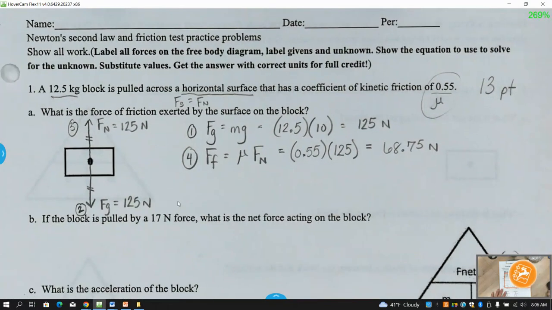All right. Now, if it's not given, it should be given, which I will make sure it is on your test. This thing is, let's say, being pulled across a horizontal surface to the right. But for the most part, guys, all of our applied forces are going to be to the right, and friction force will be to the left. So can I draw in friction force? Yes.